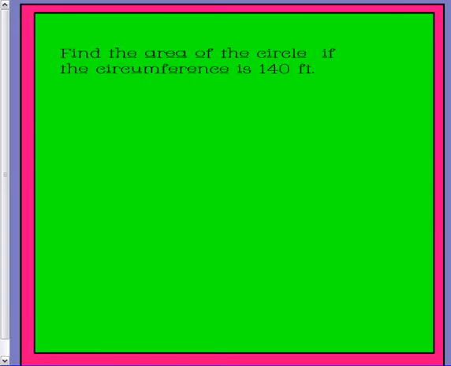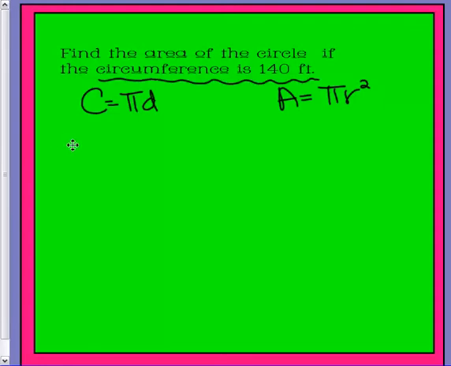All right. Find the area of the circle if the circumference is 140. Now it's coming full circle. Haha, get the joke? All right, so the circumference is pi times diameter, while area is pi times the radius squared. So if you have circumference, which is 140, then you have two key pieces of information to help you find diameter.